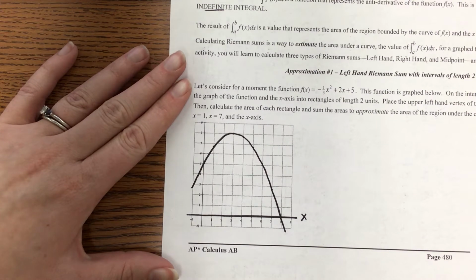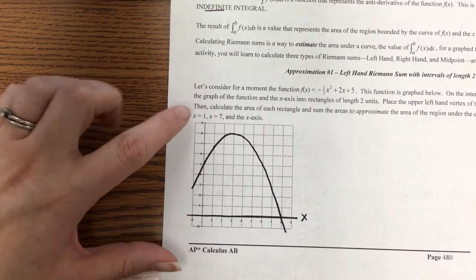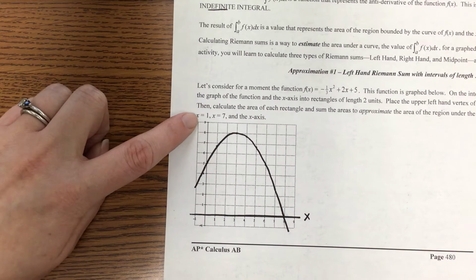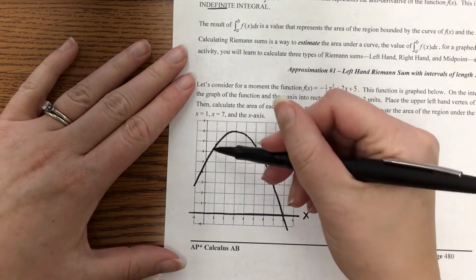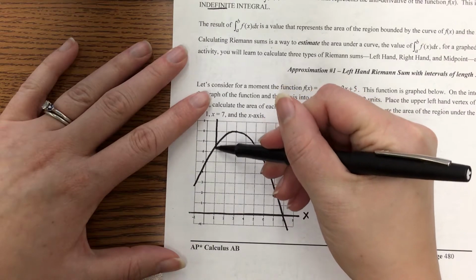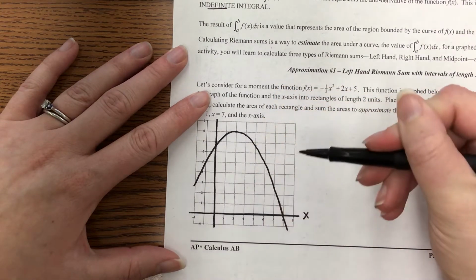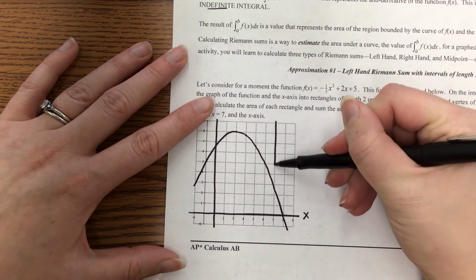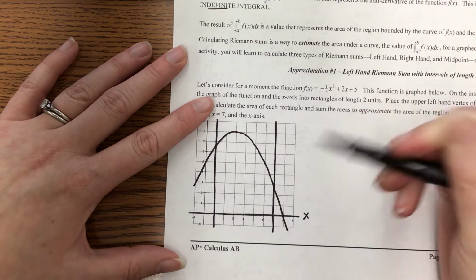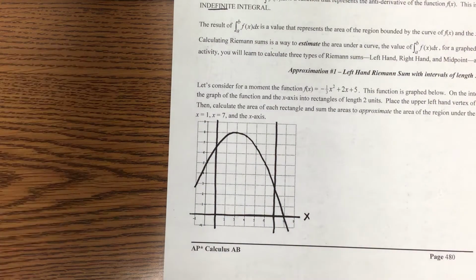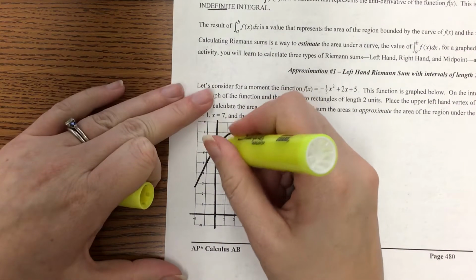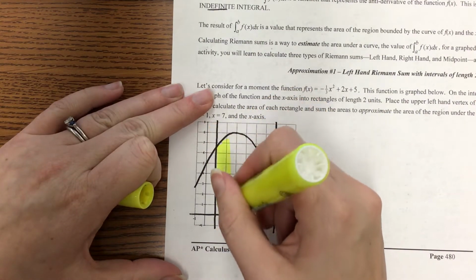We are given that a is positive 1 and b is positive 7. So our goal is to figure out what is the area of all of this region.